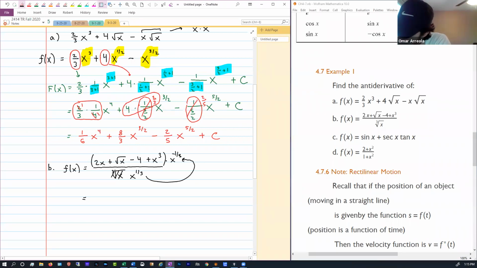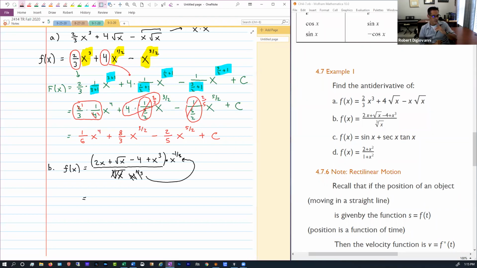Okay, and then what would you do once you've got that moved up to the top? Because now you have a product, Omar. That's what I'm concerned about. You've kind of switched your division into a product, but can you actually algebraically do that product? Not the antiderivative, but can you multiply this through to each of these?